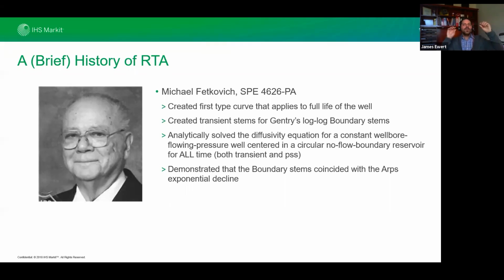It gives us insights on productivity and contacted volume in one plot. So if you have data, let's say in radial flow, from around the world, you can put it on the same plot and get a sense of what's going on. It was such a huge step forward.